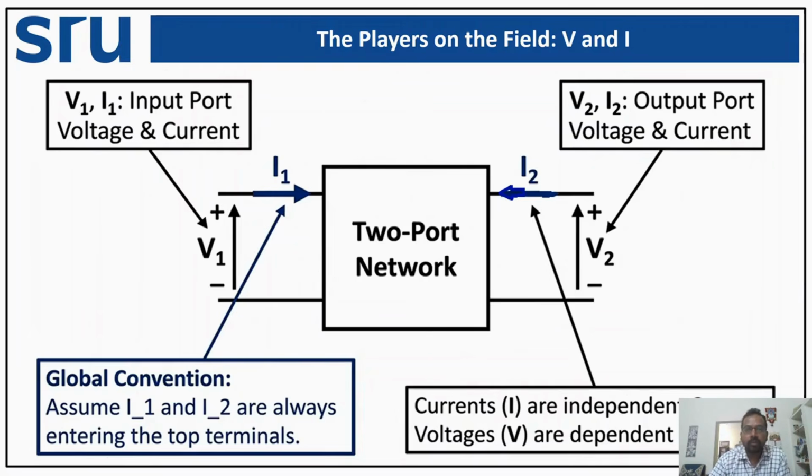So these 4 variables are algebraically written as A1 V1 plus A2 V2 plus B1 I1 plus B2 I2 plus C1 equal to 0, and A3 V1 plus A4 V2 plus B3 I1 plus B4 I2 plus C2 equal to 0, in this particular way.